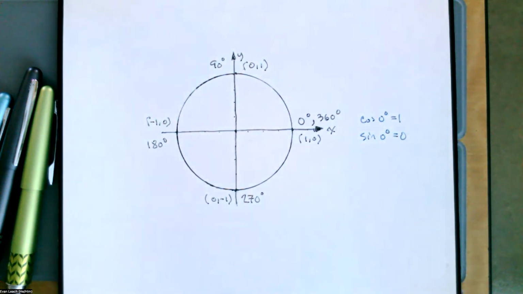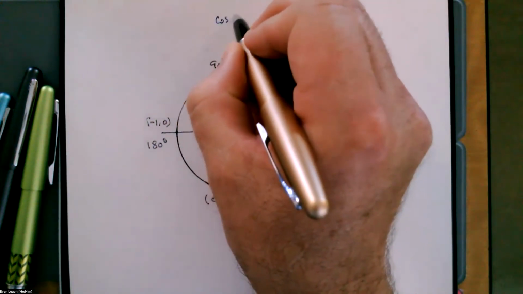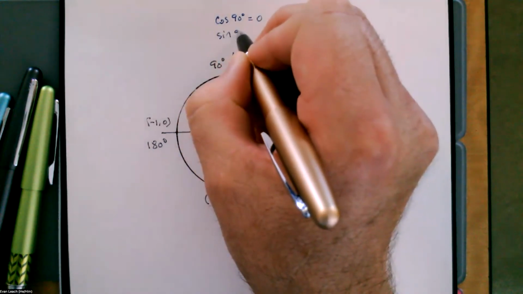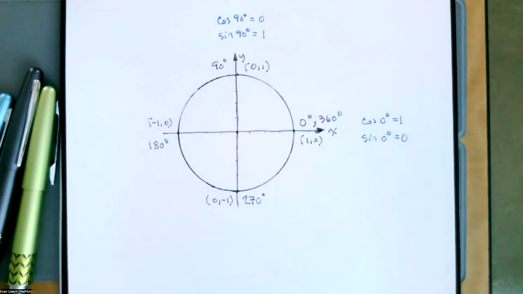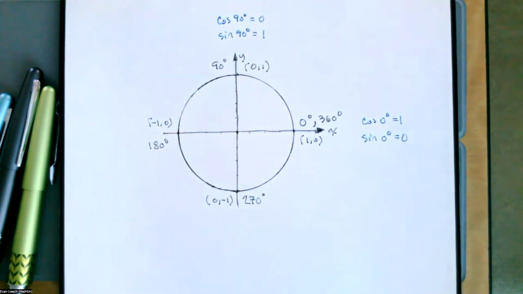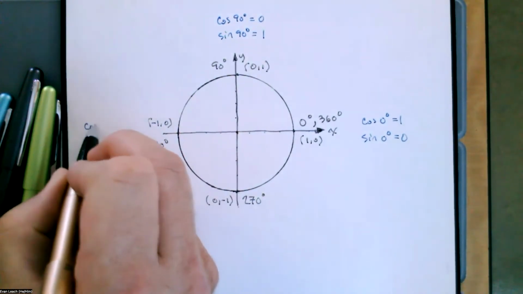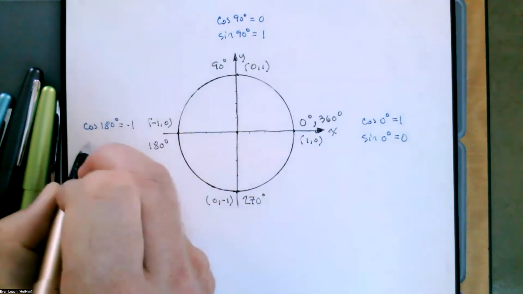Going up to that 90-degree angle, we get 2 more. We get cosine of 90 is 0, and sine of 90 is 1. Going around to 180, cosine of 180 is negative 1.